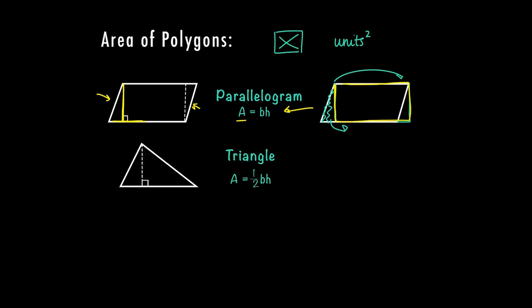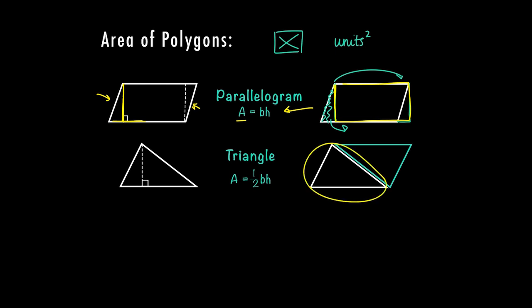For a triangle, we also have 1/2 base times height. So here we can see if we were to take this triangle and double it and flip it around, since it's not a right triangle, it's not going to create a rectangle, but it is going to create a parallelogram, which we just saw is the same formula as a rectangle. So triangle is only half of that image.